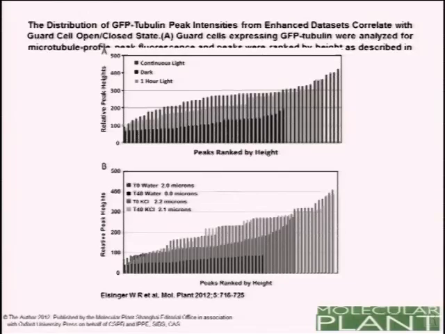If you have it dark back in the light, it looks like this. But one might interpret that as these are singles, these are doubles, triples, quadruples. So that's our present working hypothesis, and that is that we're seeing increased synthesis of tubulin as they open, and that the tubulin is then forming microtubules that progressively aggregate to form these bright structures that we see.